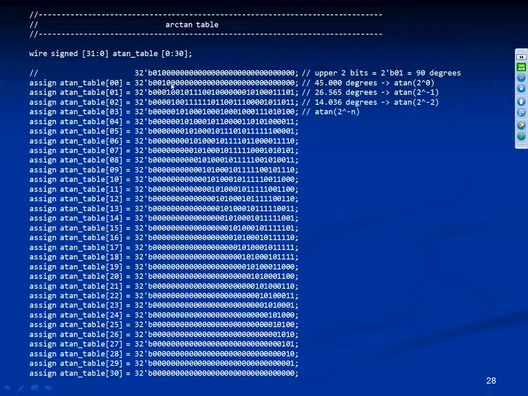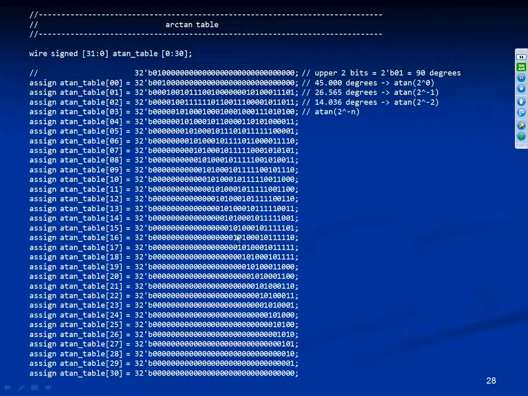Okay, anyway, so this would be 45 degrees because it's half of this. And then this number is what would actually represent the arctangent of 2 to the minus 1. In other words, 26.565 whatever degrees. You take this number, divide it by 45, and multiply it by the 26, and you'd get this value right here.